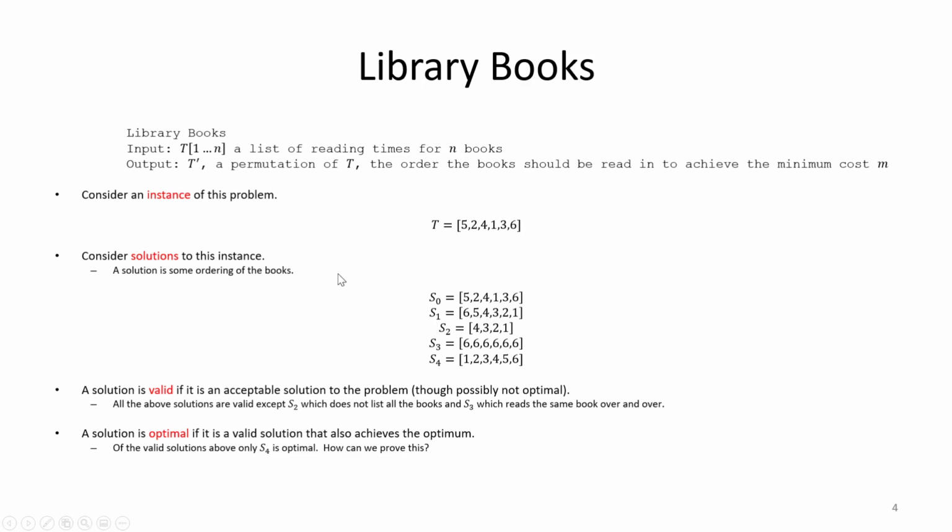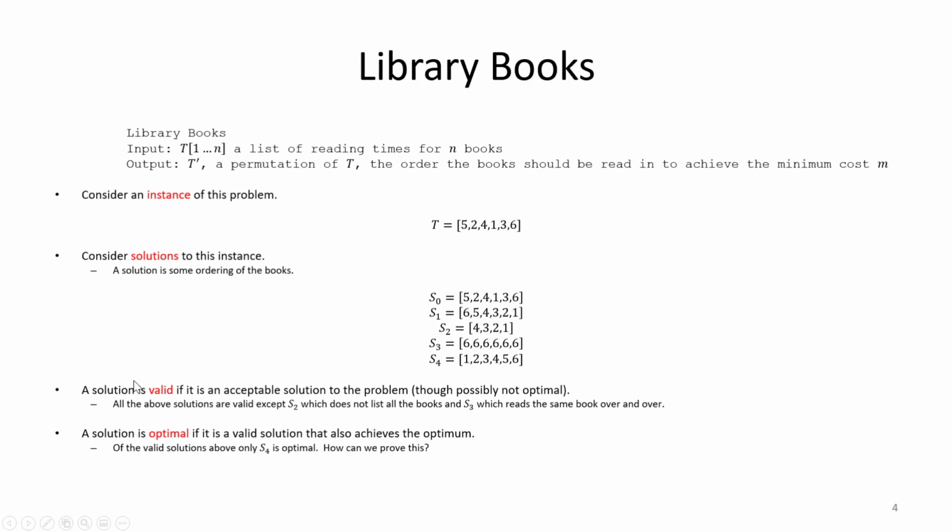S2 and S3 do not satisfy this condition. That means they're not valid. They're not even an acceptable solution. We don't read all the books, so they don't satisfy our constraint. On the other hand, here we have the second criteria, our criteria of optimality. So any old permutation of t is going to be a valid solution here.